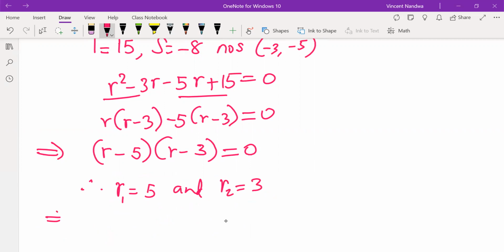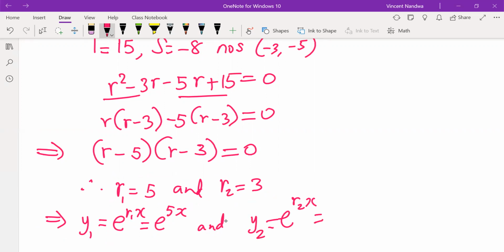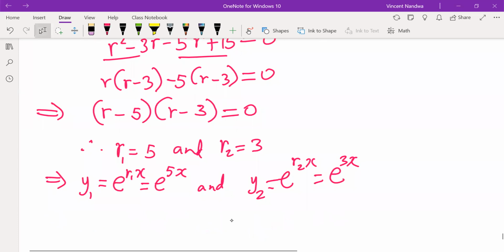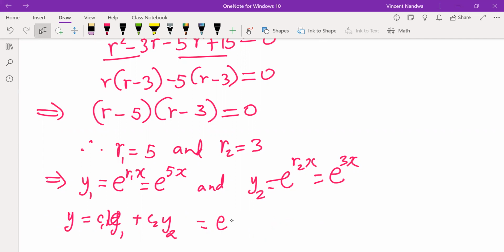So which means that y1 is e raised power r1x, which is e raised power 5x, and y2 is e raised power r2x, e raised power 3x. Now the general solution is y equals c1 y1 plus c2 y2, which will be c1 e raised power 5x plus c2 e raised power 3x.